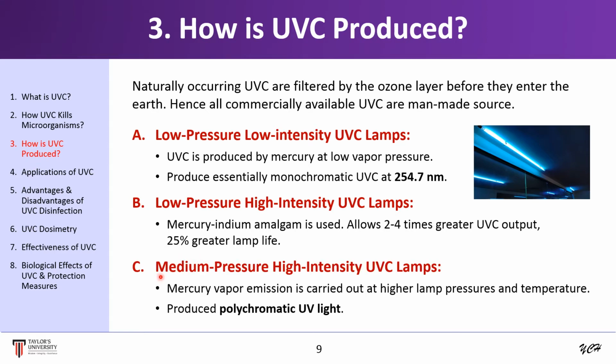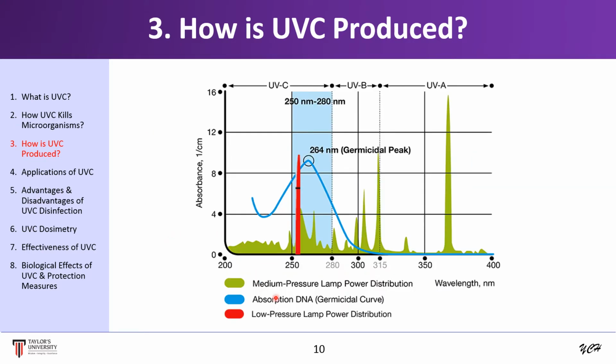And the last method, using medium pressure, high intensity UVC lamps. Mercury vapor emission is carried out at higher lamp pressures and temperature. This will produce polychromatic UVC light. This graph shows the power distribution of the two different methods.